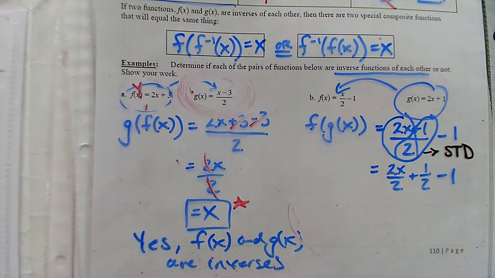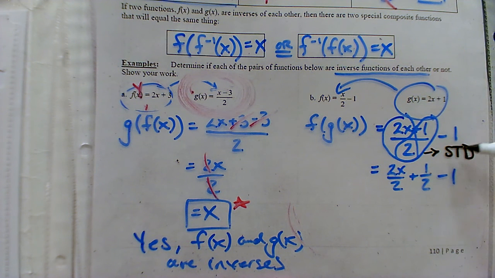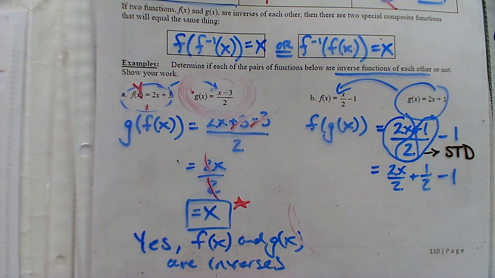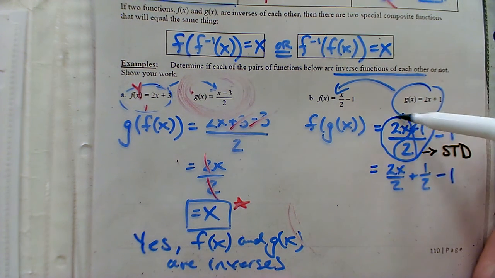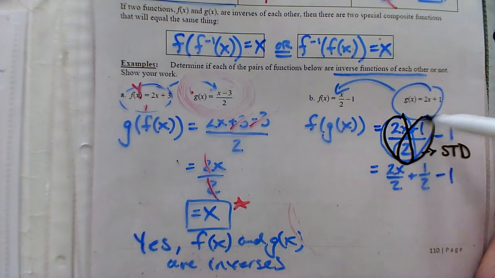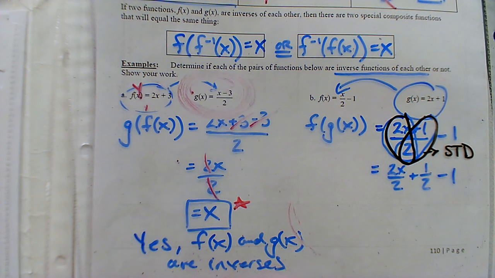Okay. In this room, though, that stands for single term denominator. Do you see that? Okay. So whenever you have a single term denominator, you can break up the numerator. Do you notice how when I did that, it kind of formed a heart shape, right?